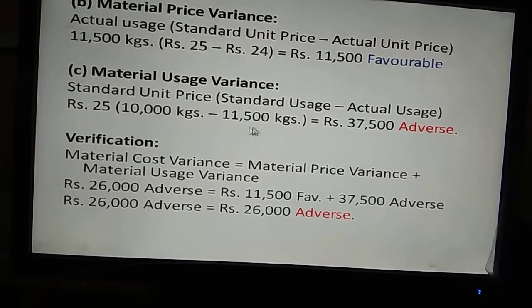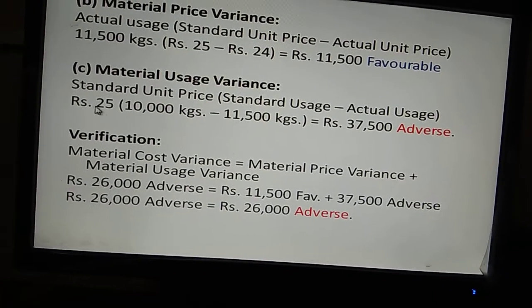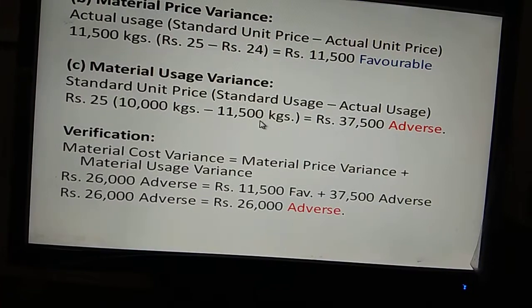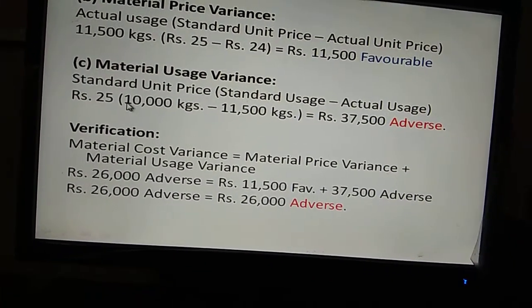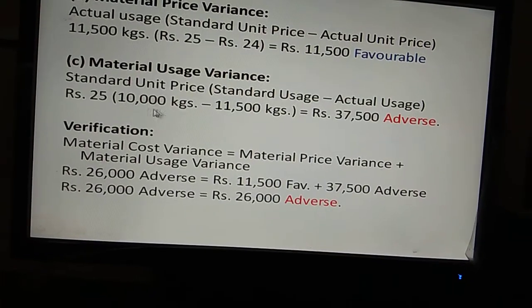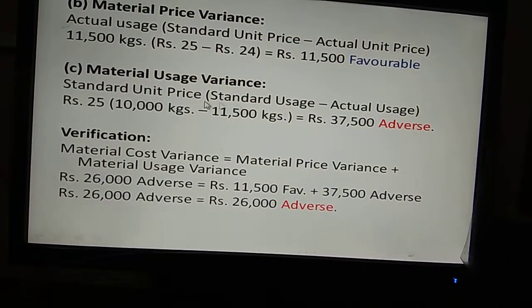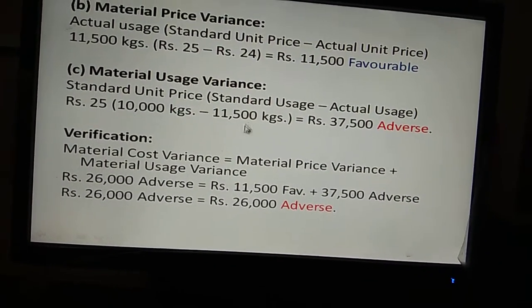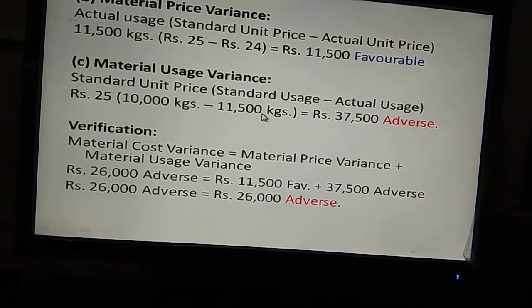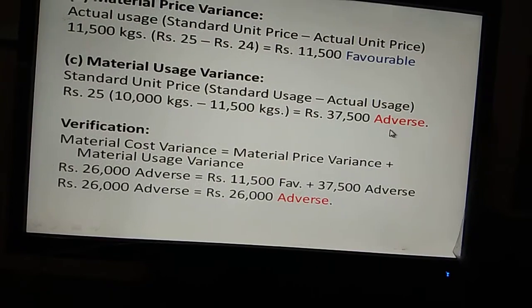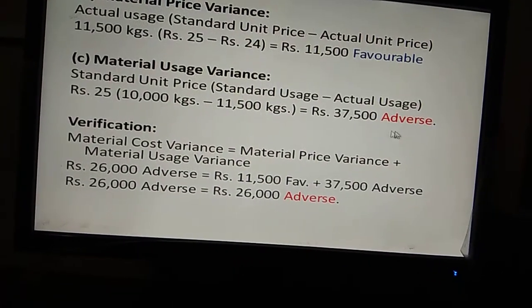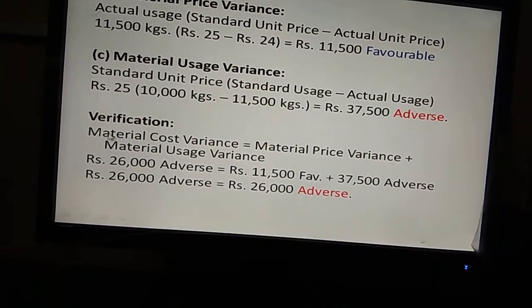So the difference is 1,500. 25 into 1,500 is 37,500. So obviously you can see here 10,000 is lesser than 11,500. It means actual usage is more than the standard. So obviously actual is more, it is adverse. So 37,500 is adverse.